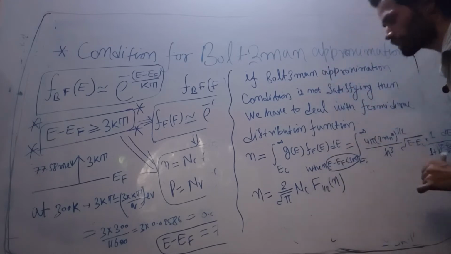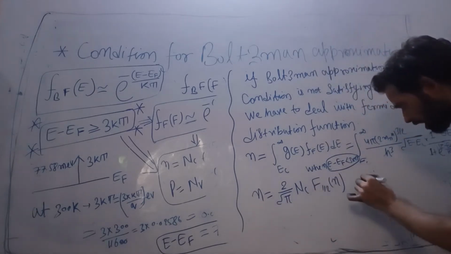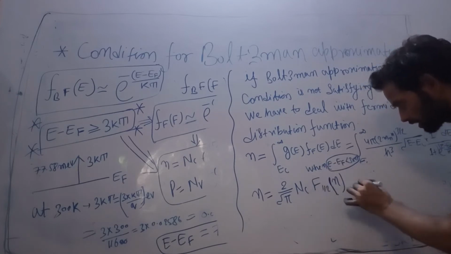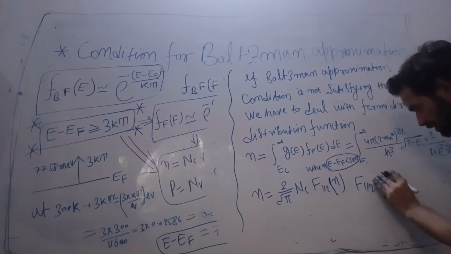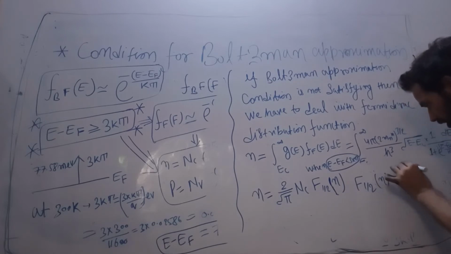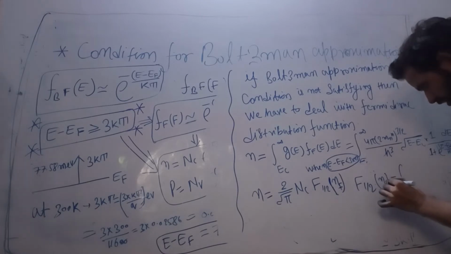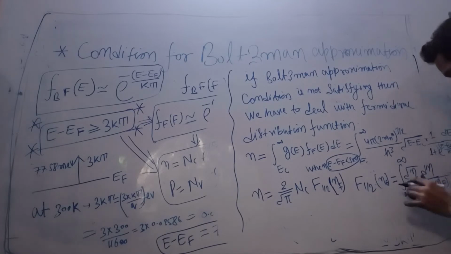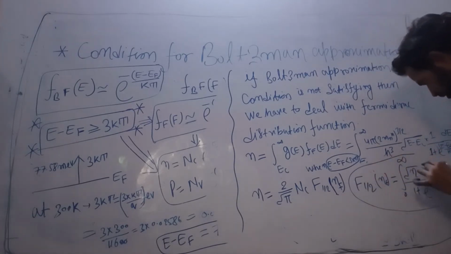When E minus EF is less than 3 kT, you have to deal with this. This is nothing but the Fermi integral. F half of eta F is equal to the integration from 0 to infinity of the square root of eta over 1 plus e to the power eta minus eta F, d eta.